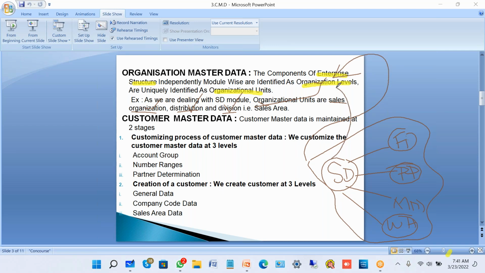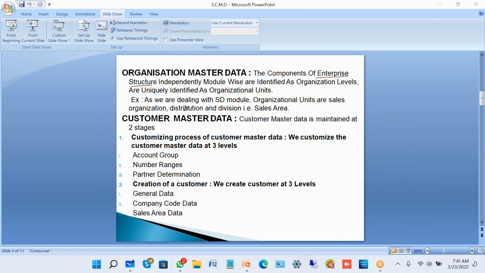Module wise, it is organization levels. Within the module, it is organization units. So the hierarchy of the company is all about enterprise structure, which includes organization levels of all the modules, and independently, organization units.